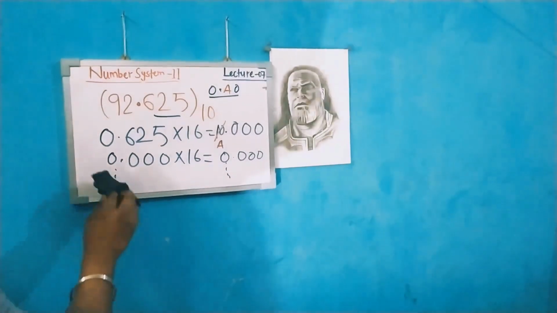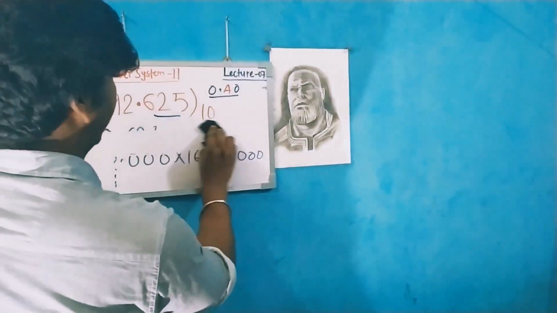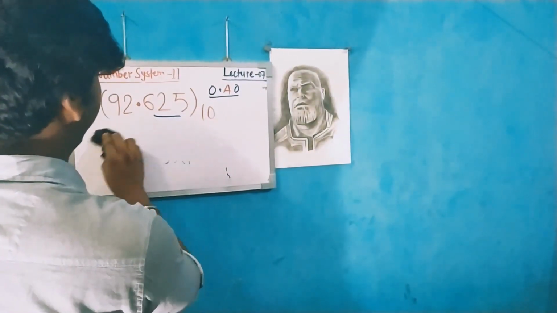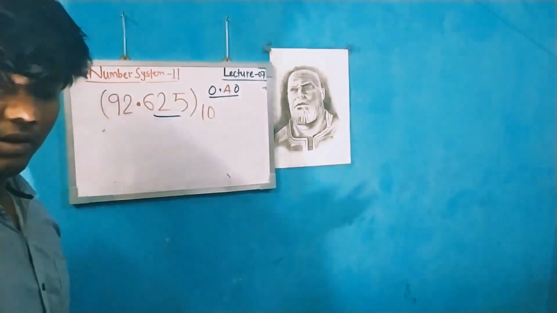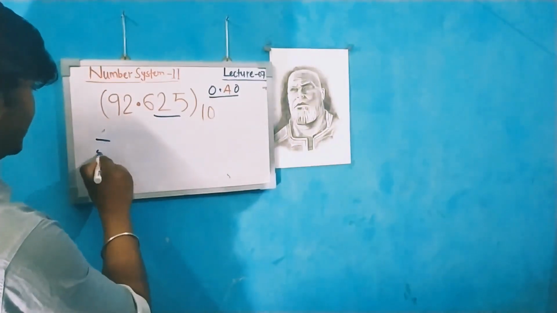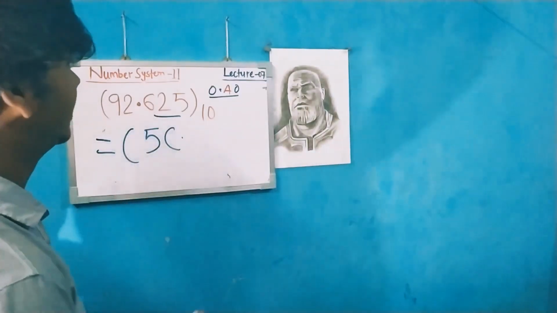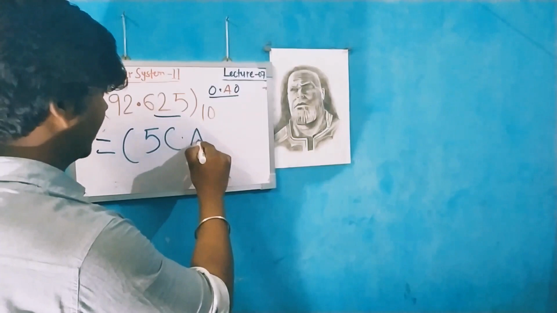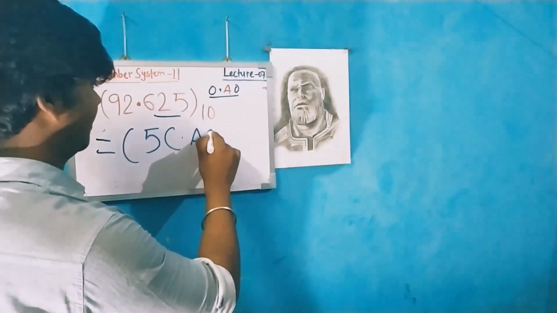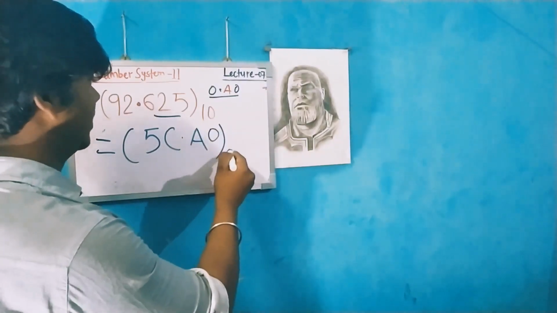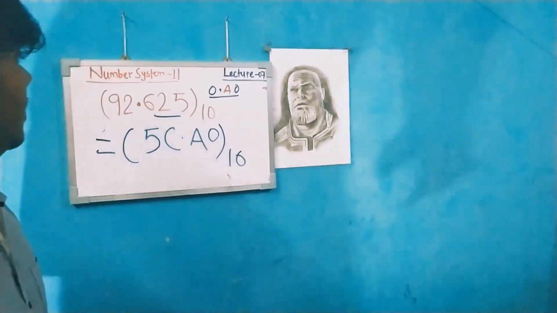So overall the equivalent of this number in hexadecimal is 5C point A.